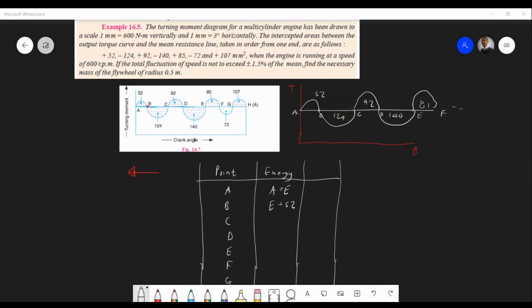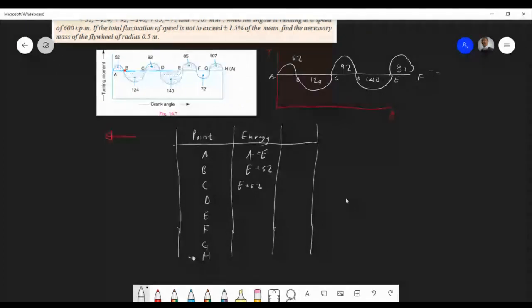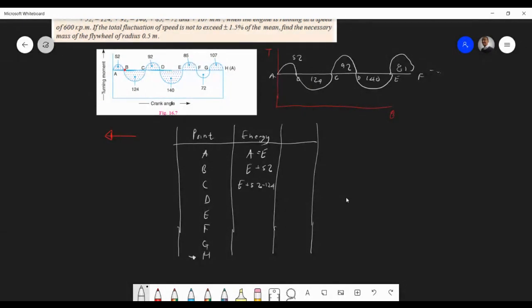You joined late. Then at C, we're going to go E plus 52 minus 124. Right, and if you add those up, you should get E minus 72.